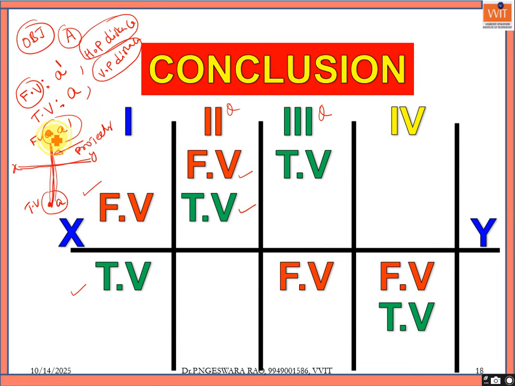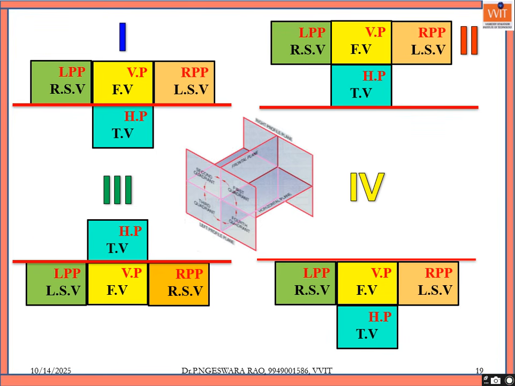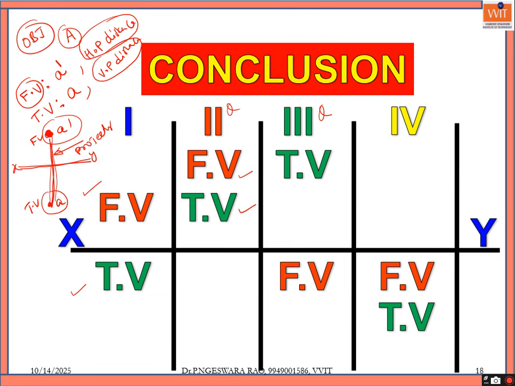This a dash is the only thing we need to highlight, because this is the shadow of the respective object. Similarly, the top view shadow is small a. It must be highlighted. Images must be drawn with dark pencil, whereas the projector line and XY line we must draw as light as possible.